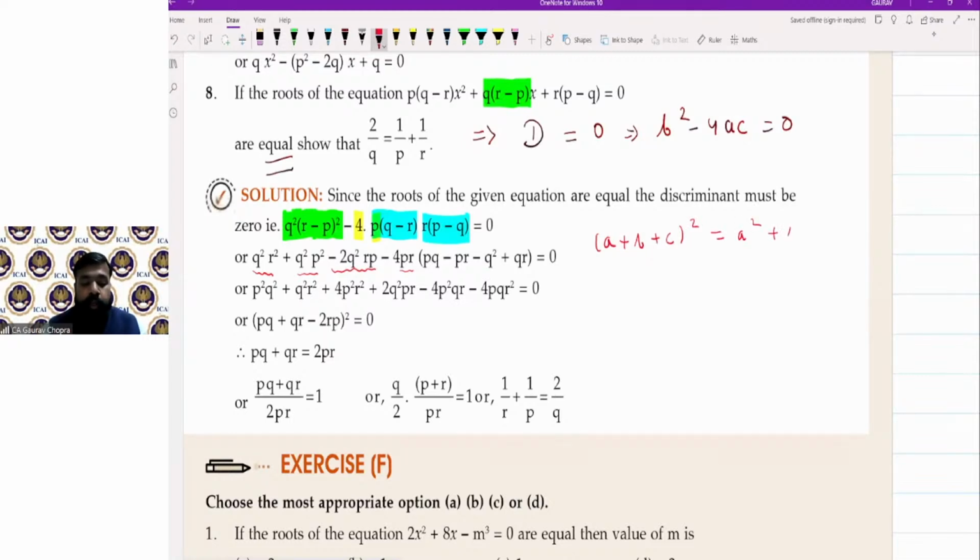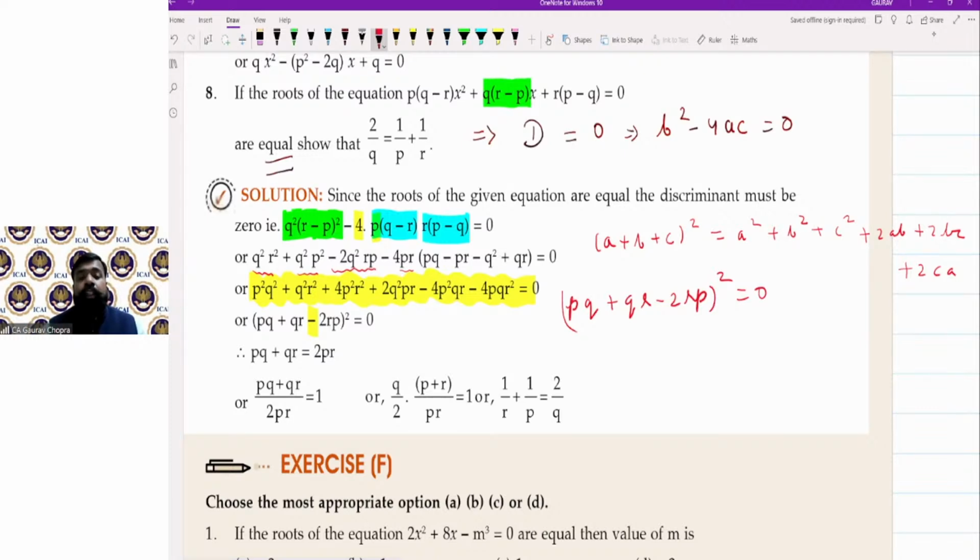So it is a square plus b square plus c square plus 2ab plus 2bc plus 2ca. So here this formula is getting applied, but some values are negative. So since some values are negative, there is one negative sign in between. Okay. So from here we have derived that pq plus qr minus 2rp whole square is equal to 0.